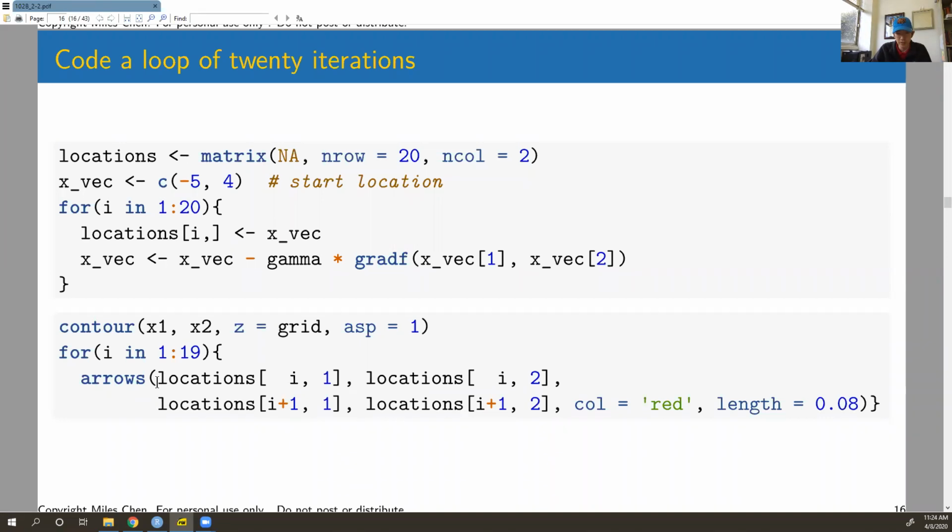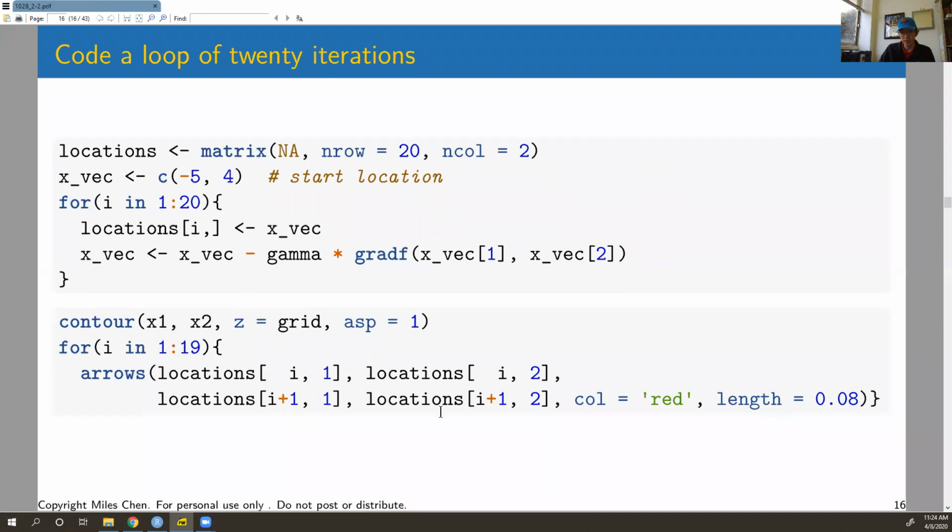So I start off in locations row I and end up in locations row I plus 1. If I start off in row 1, I end up in row 2, and I repeat this through rows 1 through 19. The last arrow is going from row 19 to row 20.